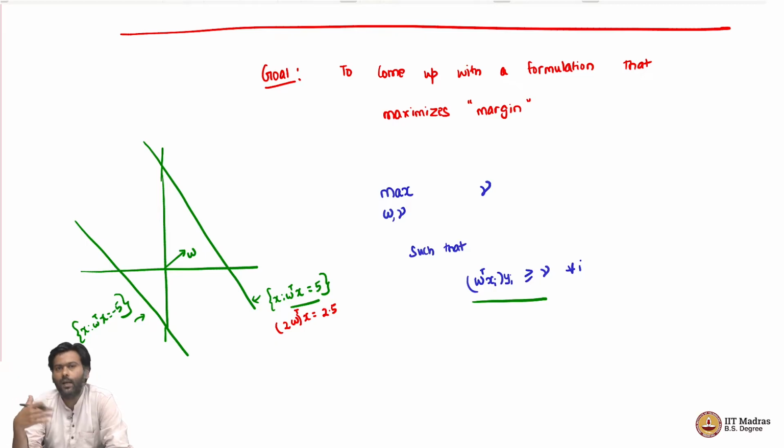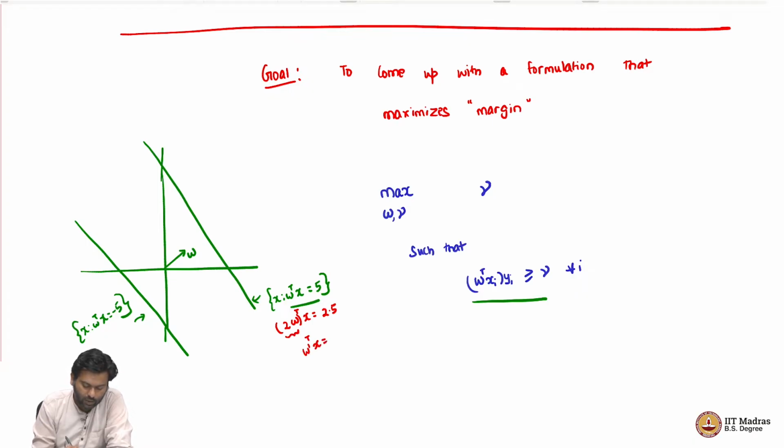It is just scaling both sides by 2. So, this is also true. Now, here is another W, W dash transpose x equal to 10, where W dash has the property that it linearly separates this data set with margin 10, so gamma is 10.